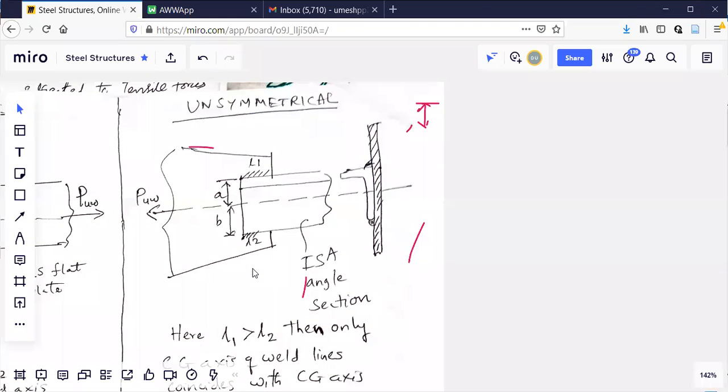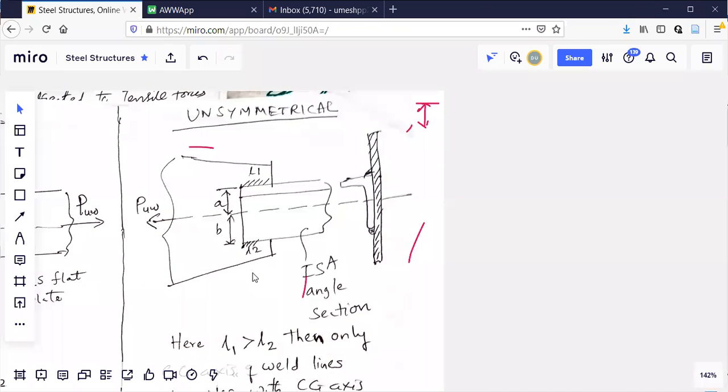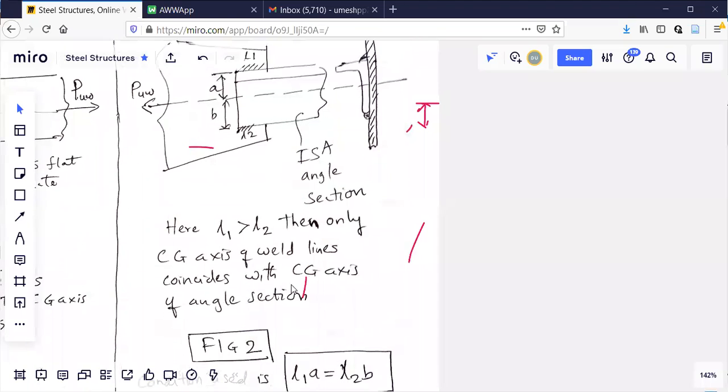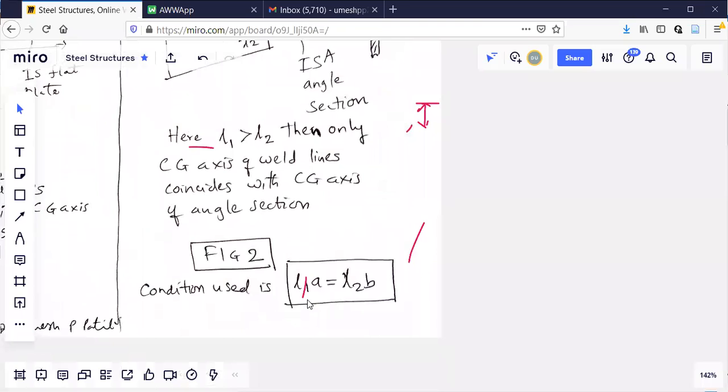The idea here is I want to coincide the centroidal axis and the load axis, they must come on the same line. That is why I have increased L1. Increase means L1 is greater than L2. But how to find it? Using this simple condition, L1A is equal to L2B.